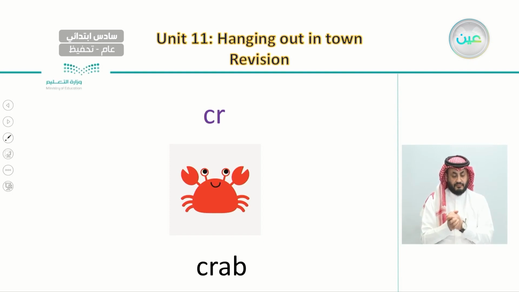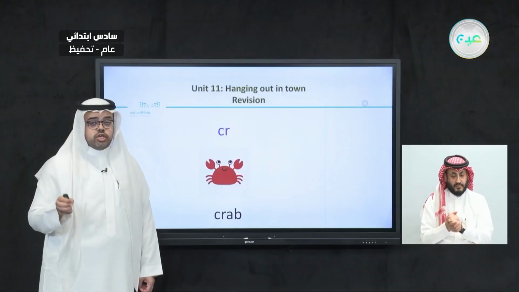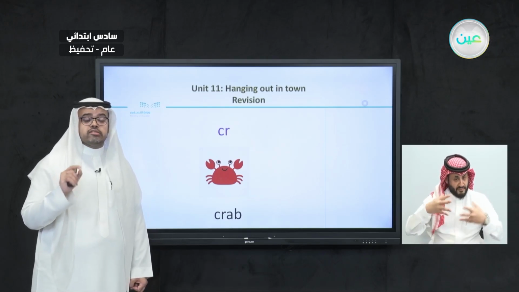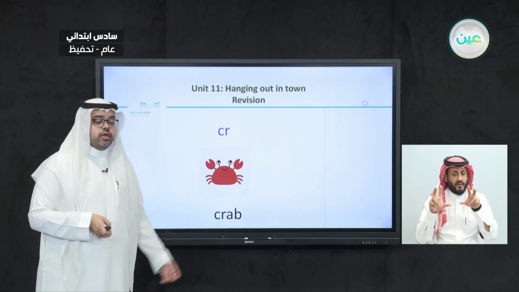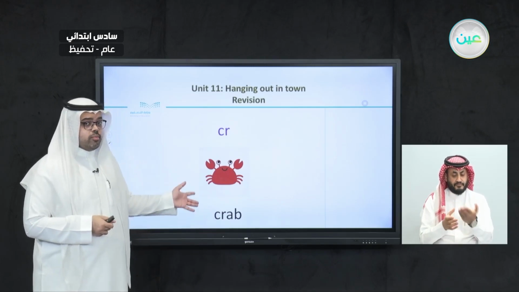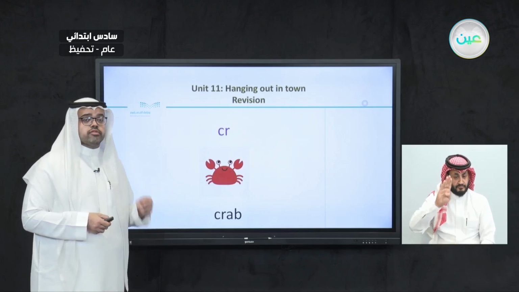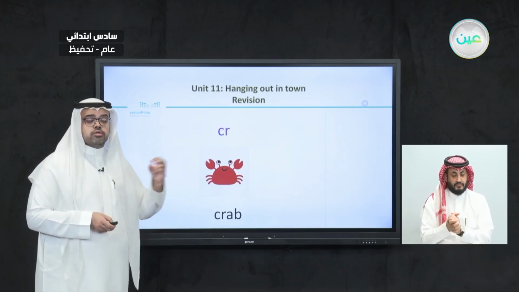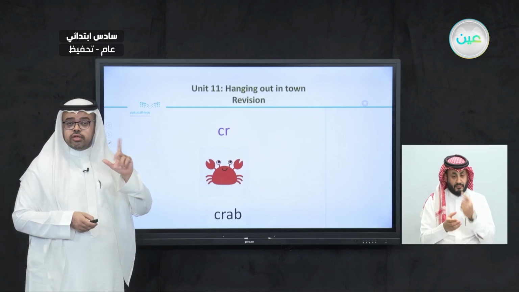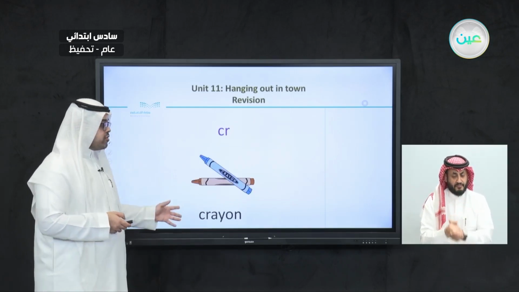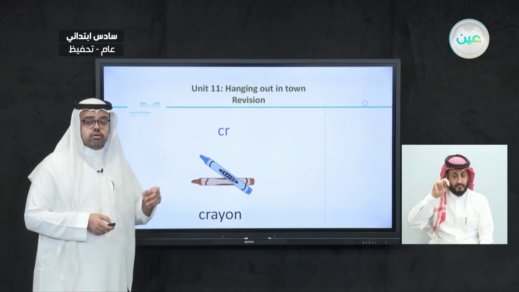And the same as with the other blends, we need to pronounce these blends as one unit. As we have here with the blend of C and R, we should pronounce this word as crab. Crab. You see, CR is in one unit. Crab. And also the second one, crayon.